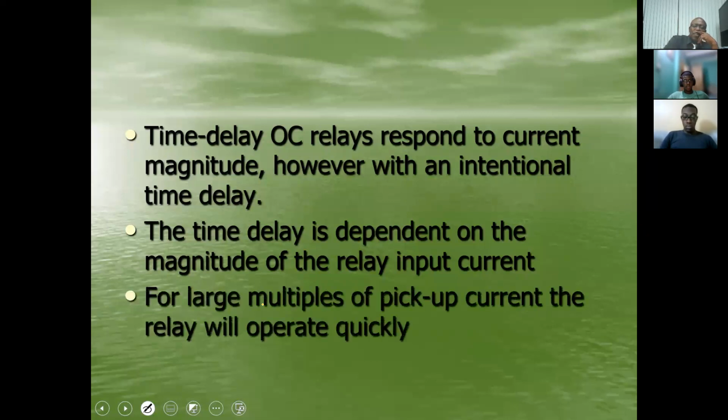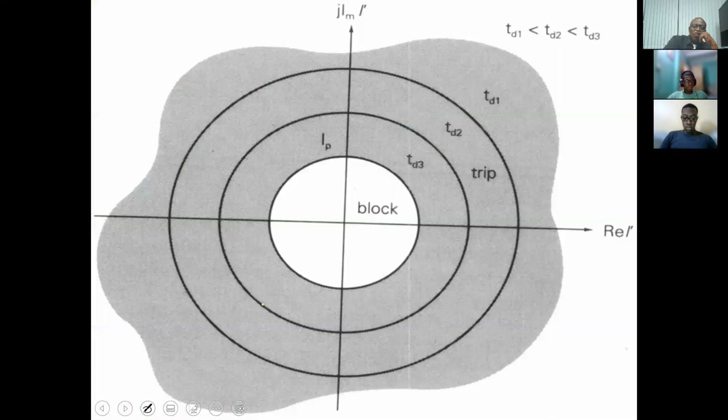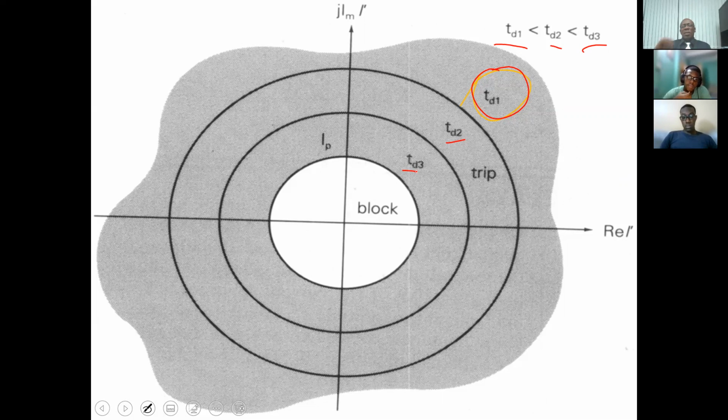All right. So this one would have an inverse relationship, meaning that in terms of the magnitude versus operating time, the larger the current, which means the larger it is above tap, it means that TD1, that time, is shorter than TD2, which is shorter than TD3, because TD3 is closer to the tap current or the pickup current.